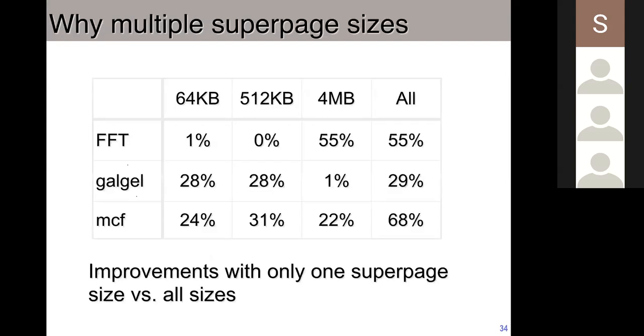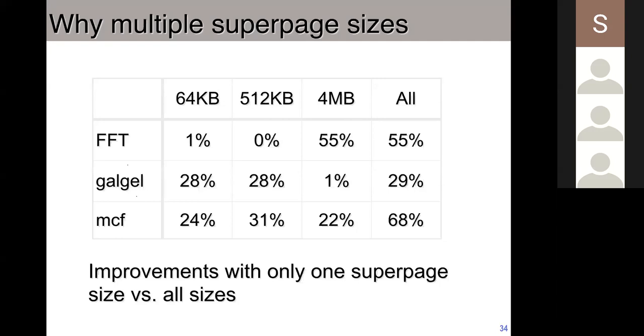Here's another benchmark. It's not enough to say that we get improvement. We also need to say, compared to existing solutions, how do we do? Existing solution meaning, in this case, what if you use only a single superpage size? So you go through this trouble of implementing preemptible reservation, opportunistic allocations, speculative demotions, and fragmentation control.